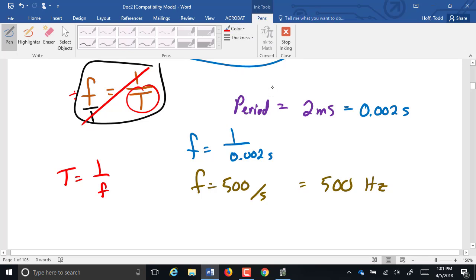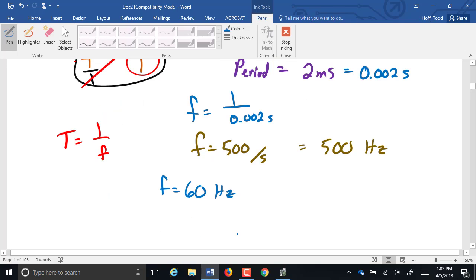So what is the frequency of power coming out of a wall outlet? AC power. 60 hertz. 60 cycles a second.